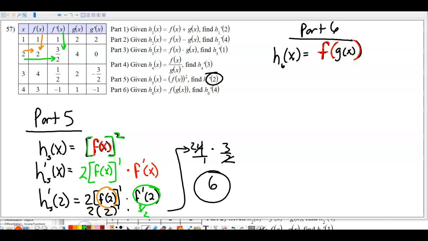My inside function is the g. So when I take my derivative, the derivative of the outside is f prime, and we'll leave the inside the same. Multiplied by the derivative of the inside, that would be g prime. And for this particular problem, we're plugging in a 4.